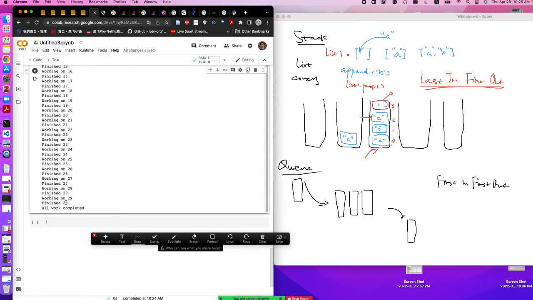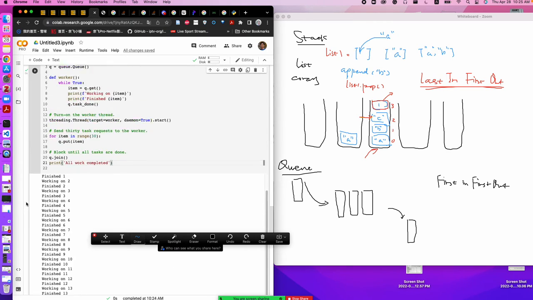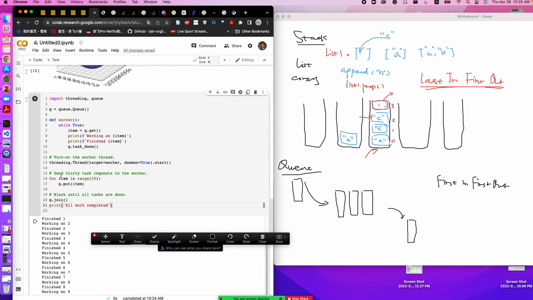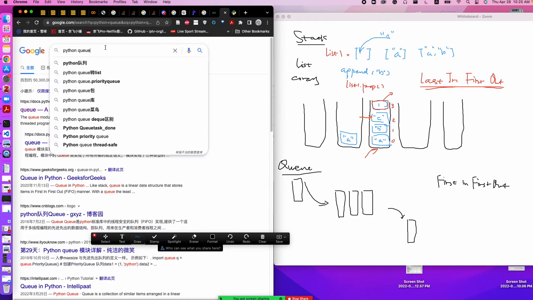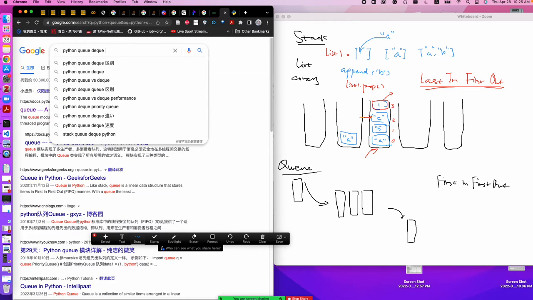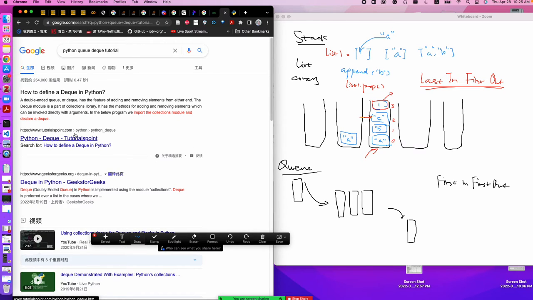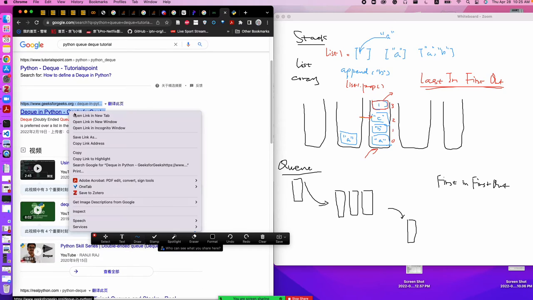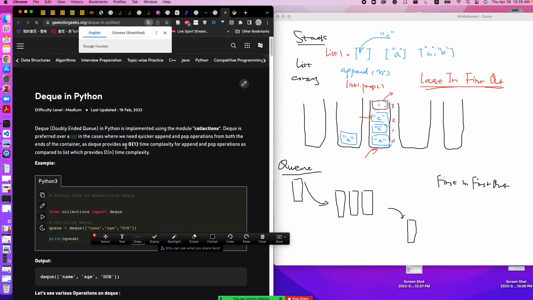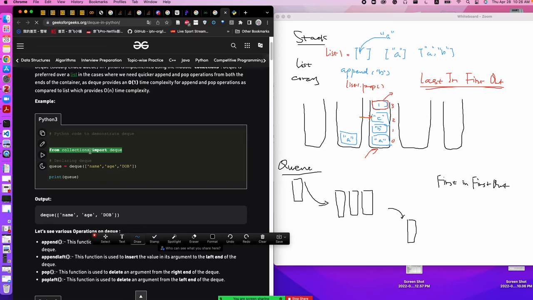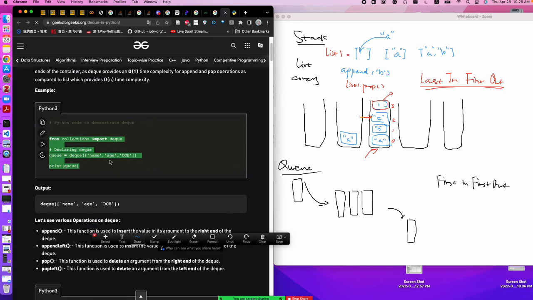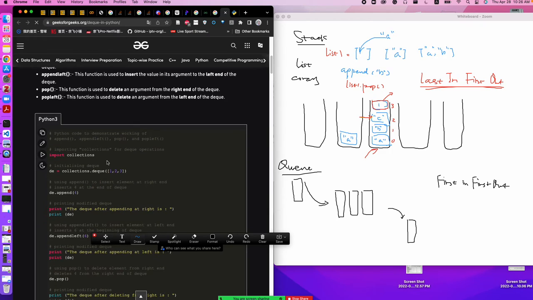Well, it seems there's no dequeue in this example. Let me find a dequeue example.